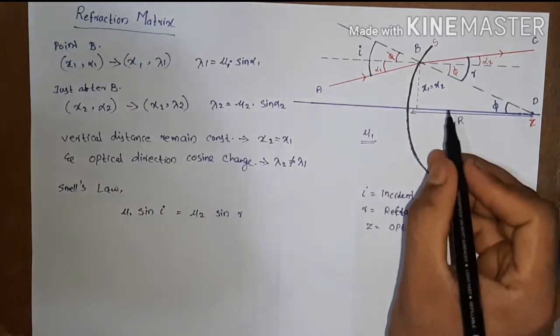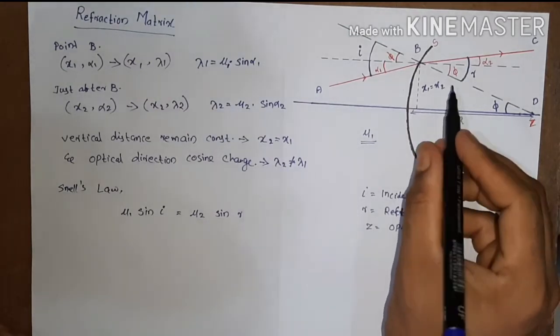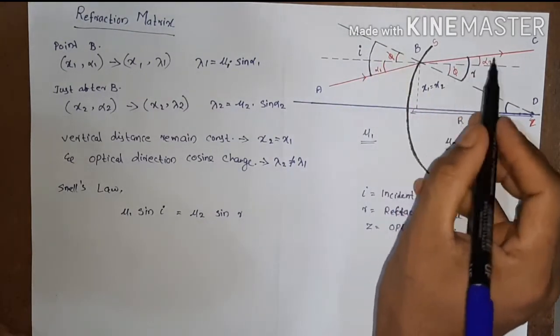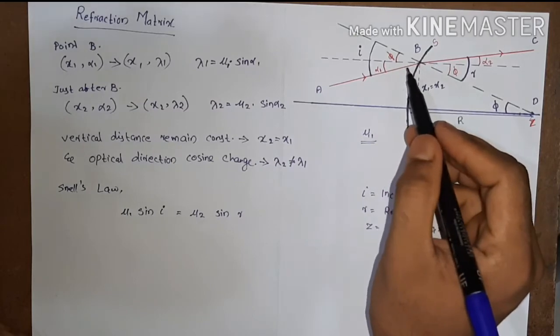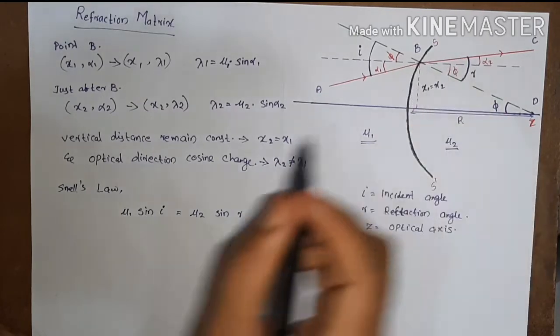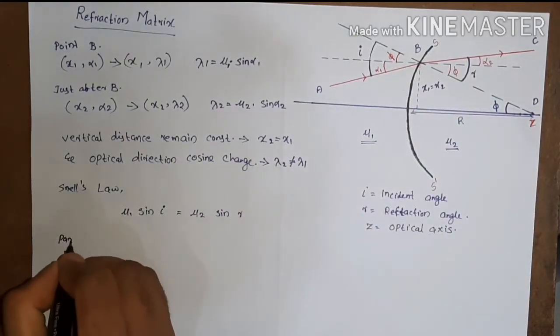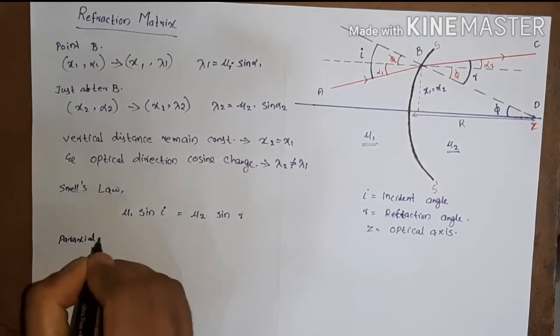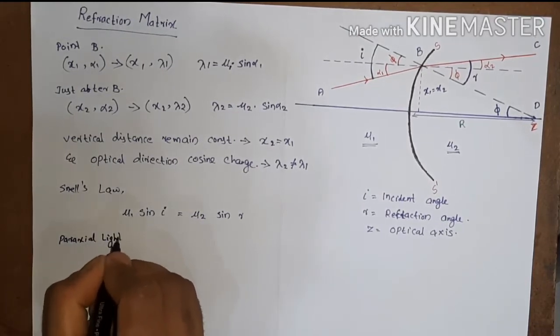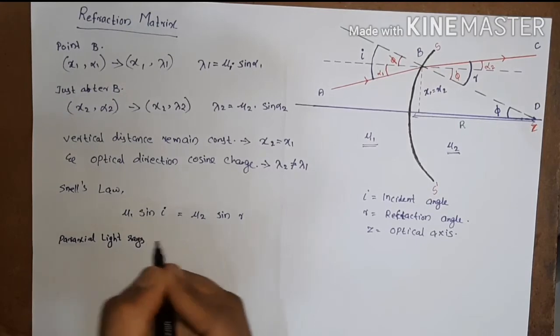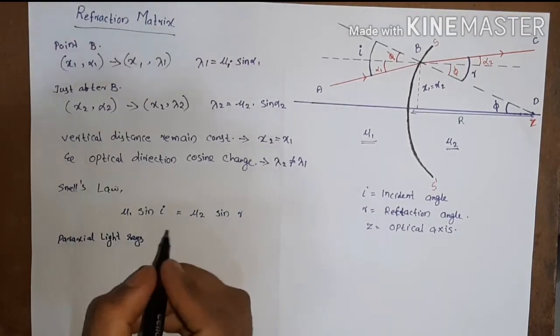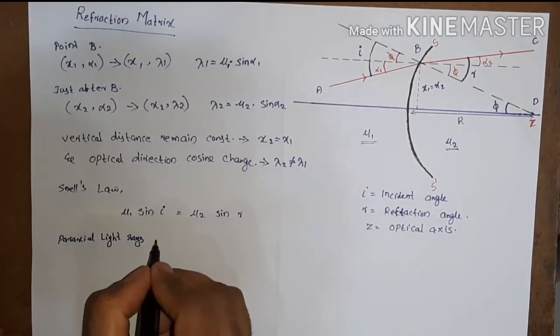Now from this figure we can see that I and R are represented by two angles. Before that, since we are considering paraxial light rays, this incident angle and refraction angle are very small.